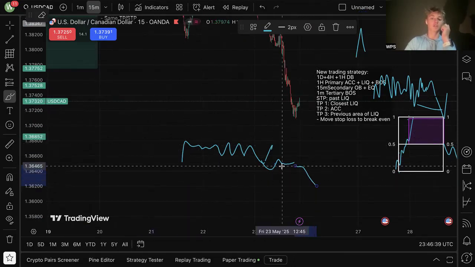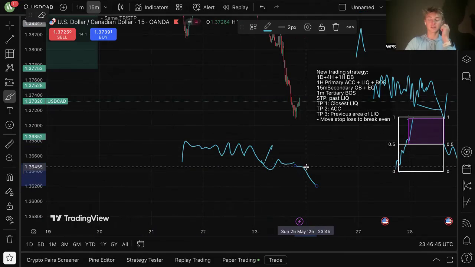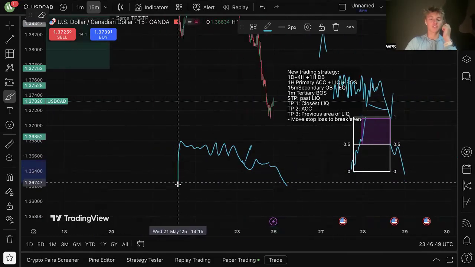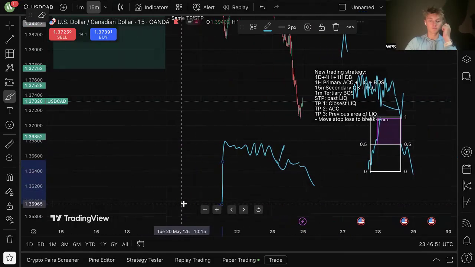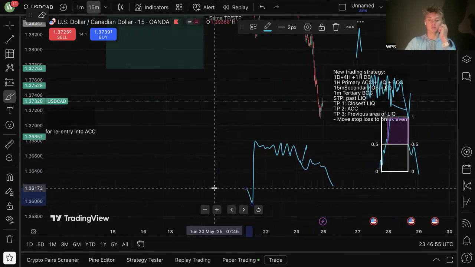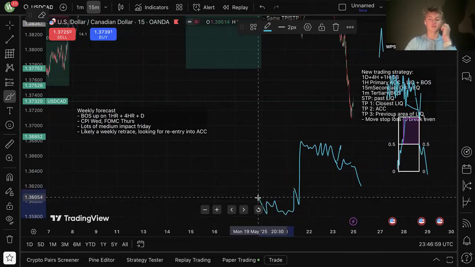So this is what the market looked like, and I took a trade here. I would set my first take profit at the last move up, and after that I would target previous areas of liquidity down here.